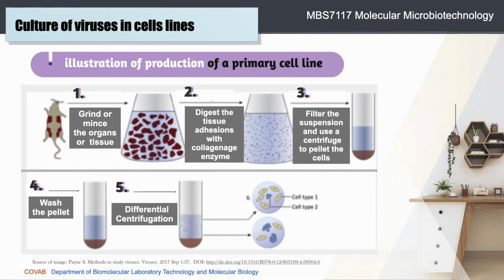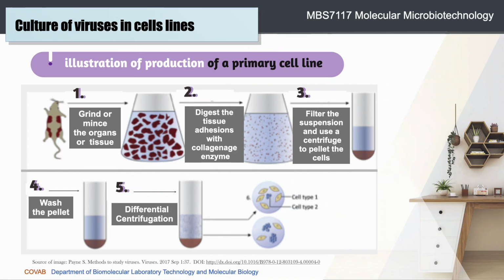Here we are illustrating how we set up a primary cell line. Let's start with number 1. We obtain our host, our animal, and harvest the organs or tissue. We grind these or mince them, probably using a pestle and mortar.